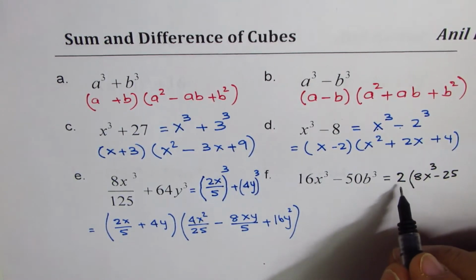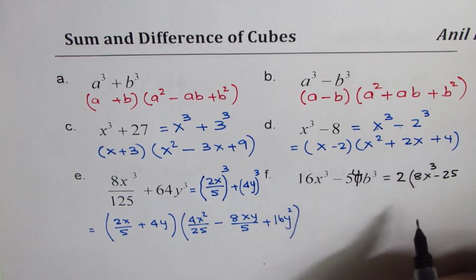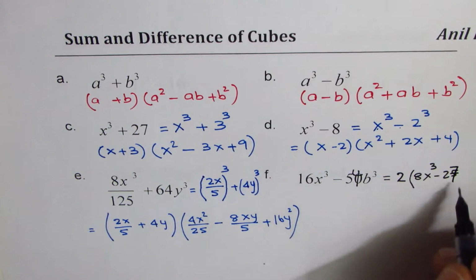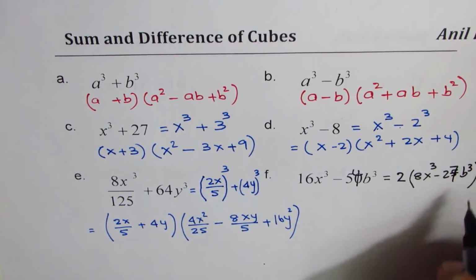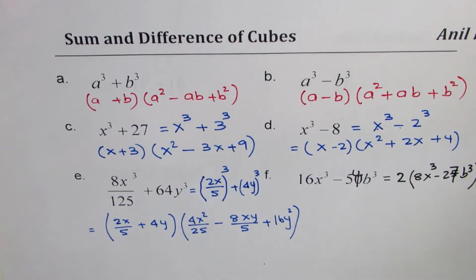It should have been 54, okay? So I'll write 27b cube here, because I don't want to complicate this with the cube root of 25. You get it? So anyway, we changed the question a bit.